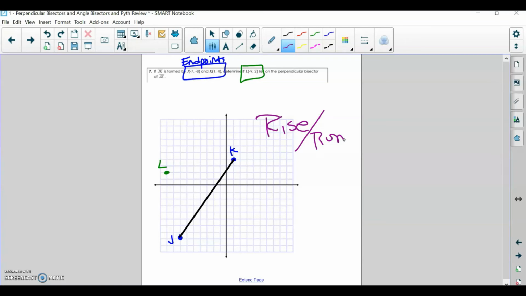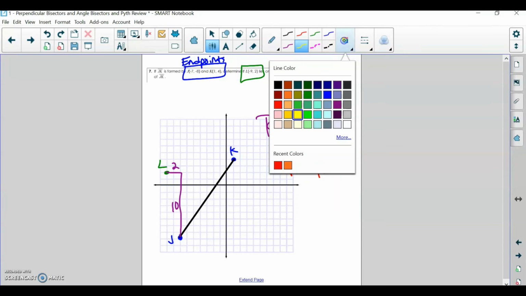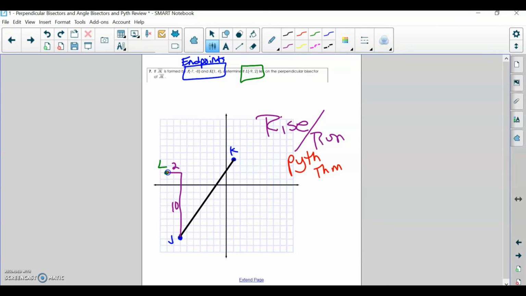Basically what he suggested is that we use the Pythagorean theorem to check to see if the distances are the same. Well, luckily, if we do a rise over run from J to L, and we figure that this is 10 and this is 2, and then we do a rise over run from L to K, let's get a different color, and we go up 2 and over to K, that's 2 and that's 10, you'll see that the rise over runs are exactly the same.